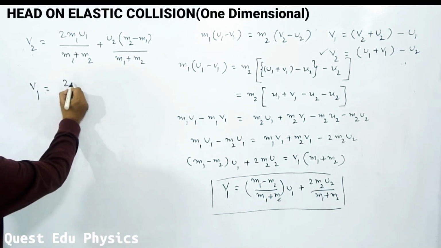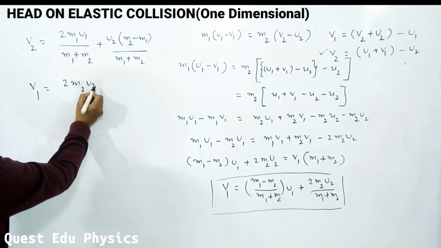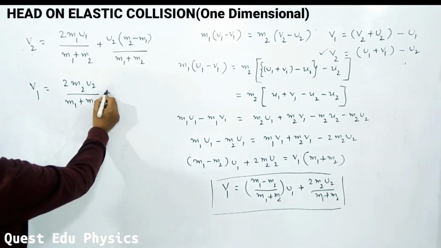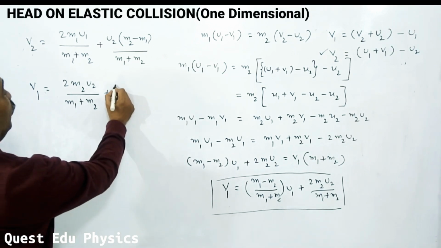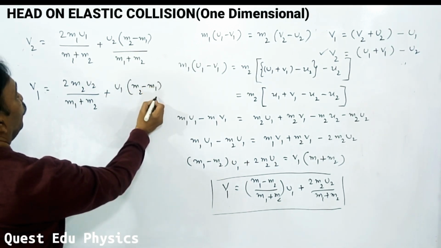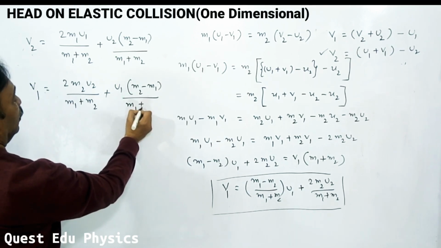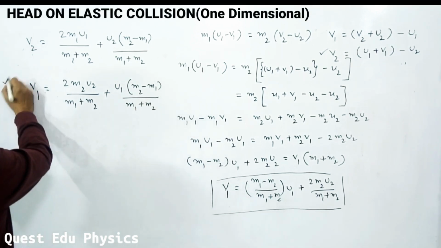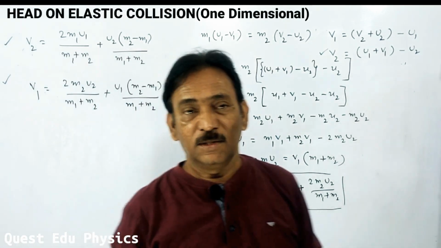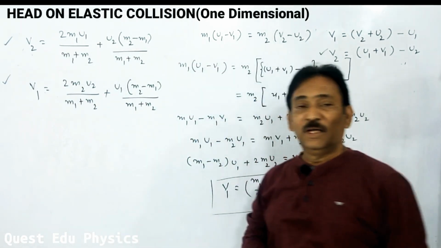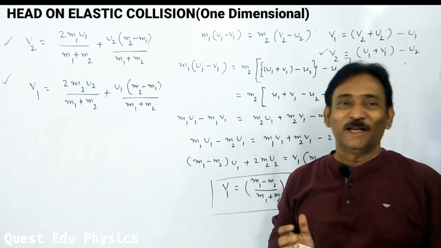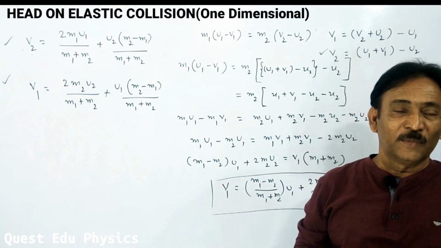We can write v1 as 2m2 u2 by m1 plus m2 plus u1 of m1 minus m2 by m1 plus m2. These are the equations for the final velocity of the particle, students, in case of head-on elastic collision, or we call it the one-dimensional elastic collision.